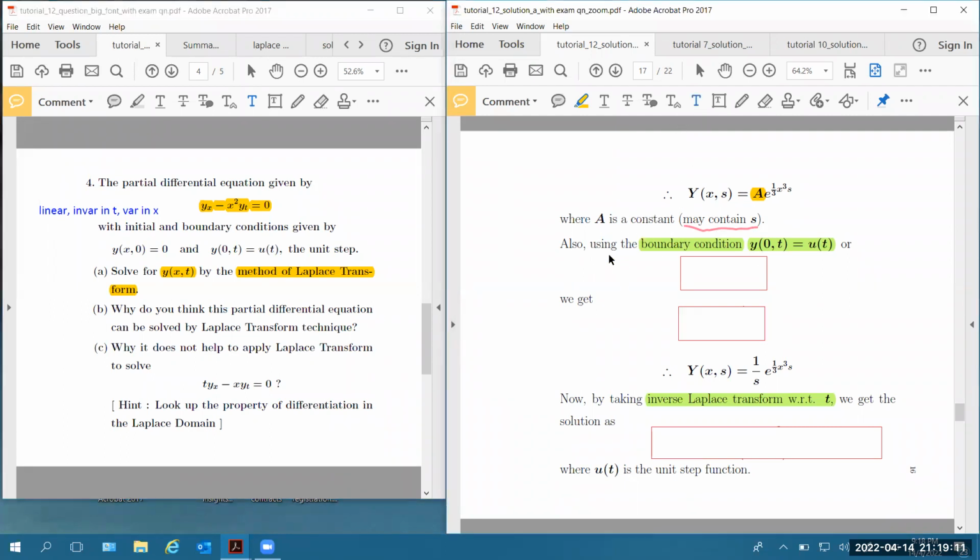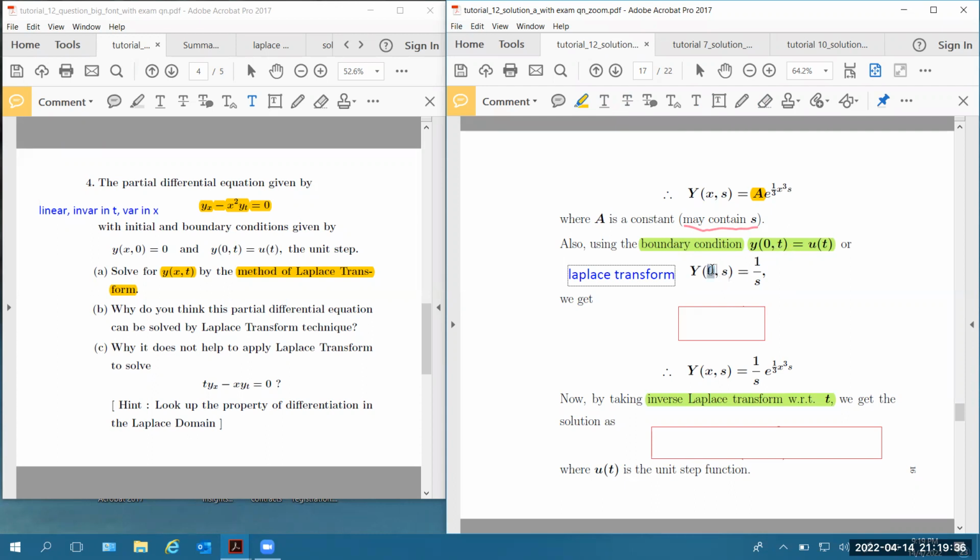So here we are going to Laplace transform. Your small y becomes big Y, and your t becomes s.